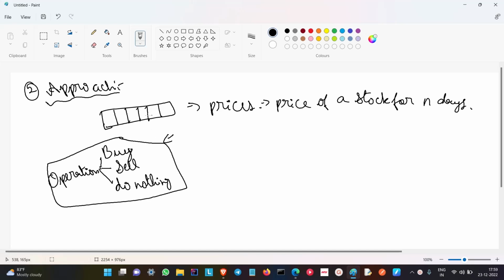We can only perform sell after a buy, and we can buy only when we have not currently bought any stock. This is what is given in the question.